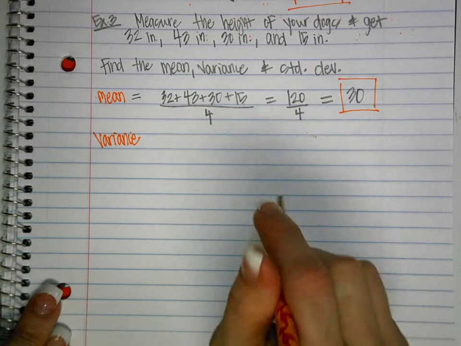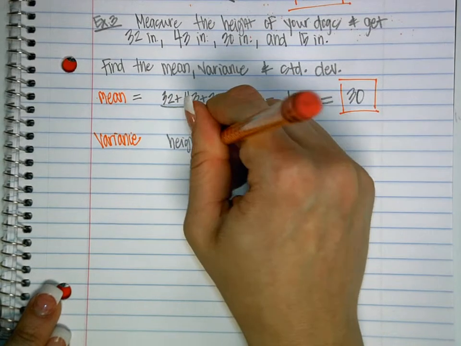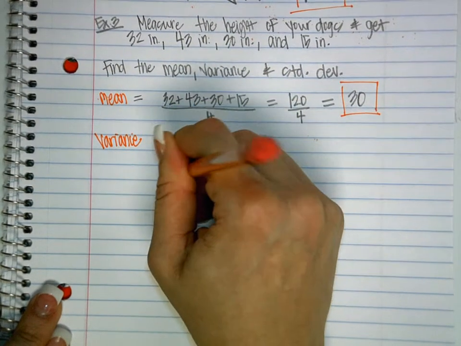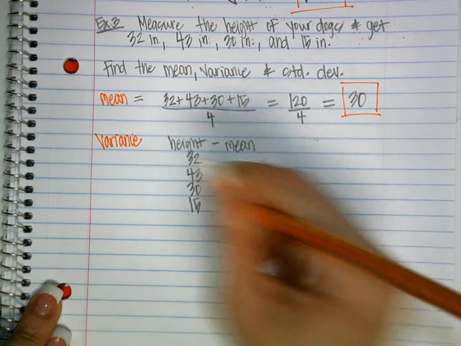So for the variance, we're going to take the height of each dog and subtract the mean.